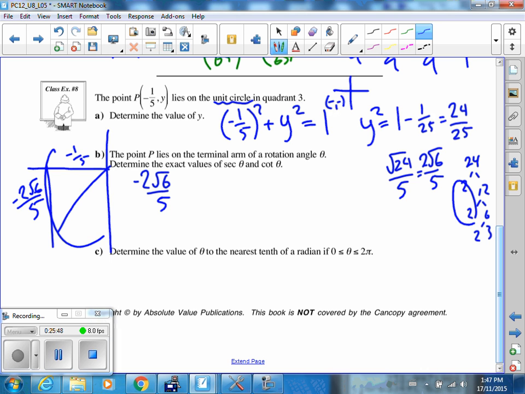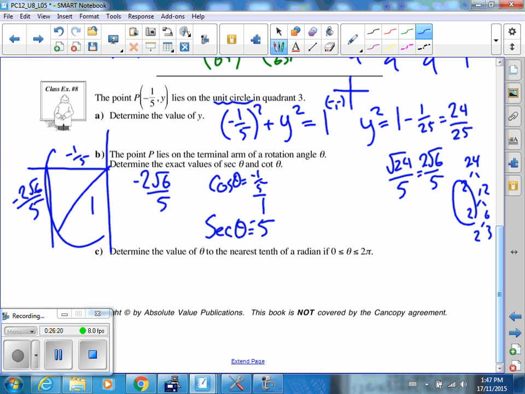So secant is the inverse of cos. Cos is adjacent over hypotenuse. So cos theta equals negative 1/5 over 1, or negative 1/5. That means secant theta equals negative 5 over 1.